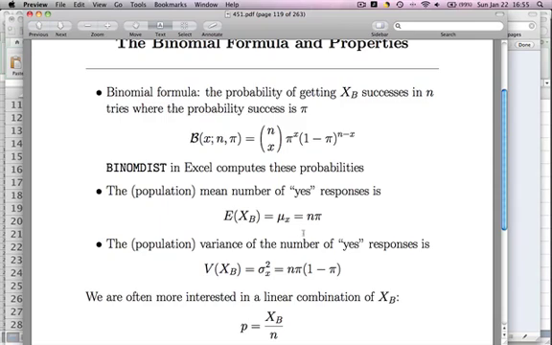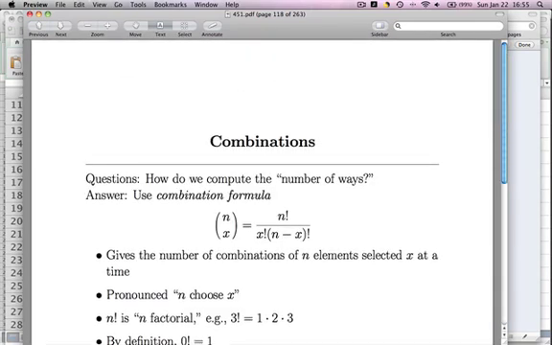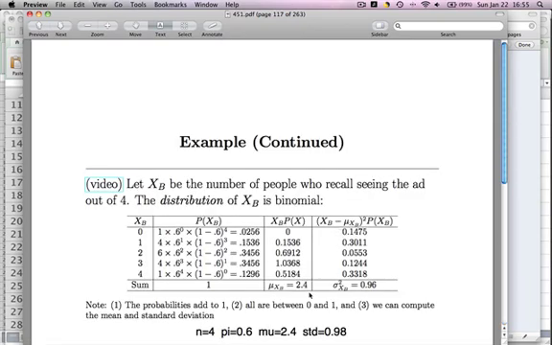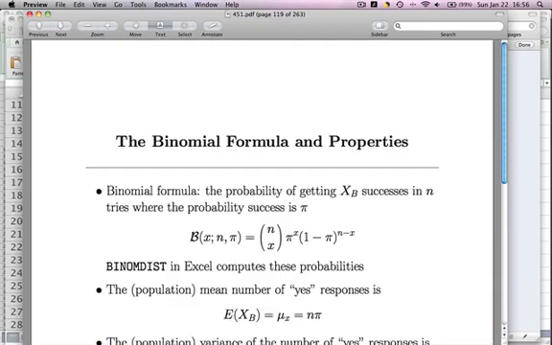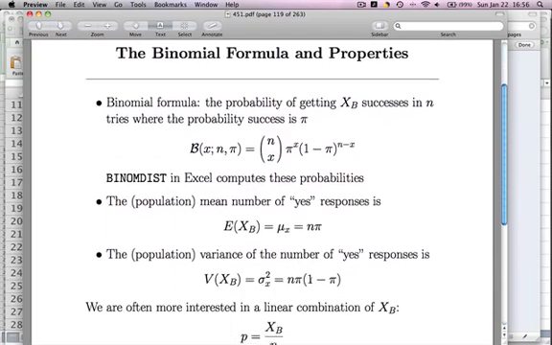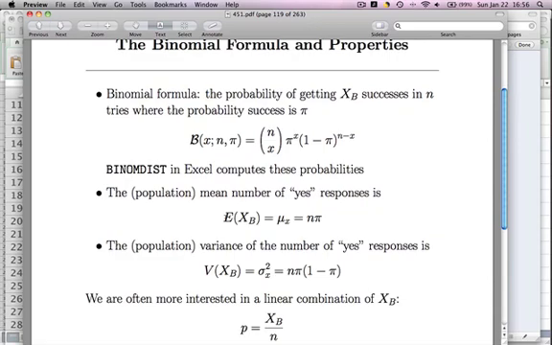Now, the next thing we did was to evaluate the mean number of yeses. So we did this with Ed's simple table back here, and we said that the typical number of yeses is 2.4. Well, we did this with the table, and that's a whole lot of work. Let's see if we can find a shortcut. So the shortcut is given to us on this slide.